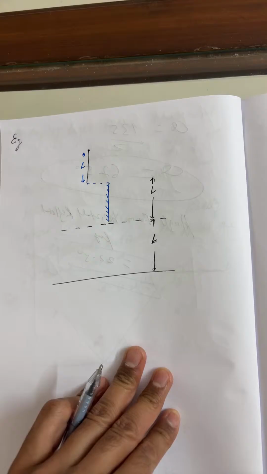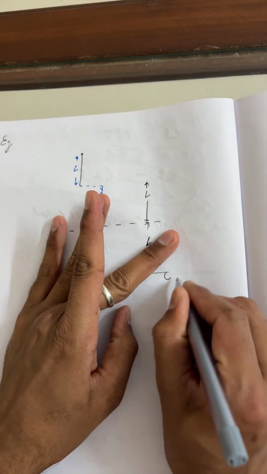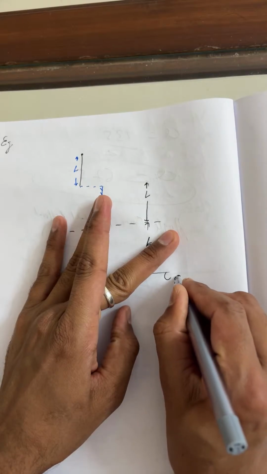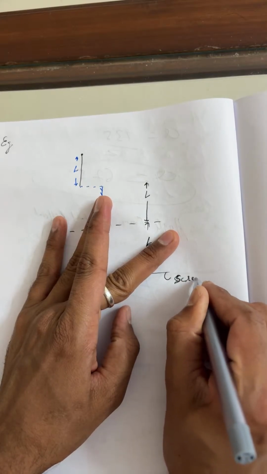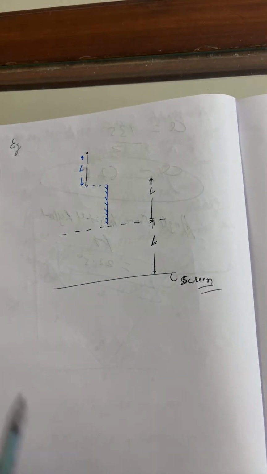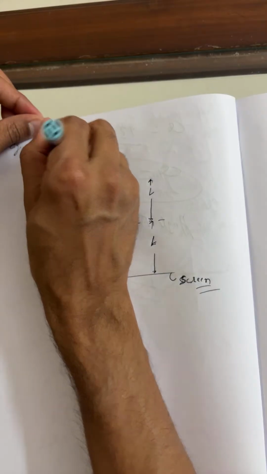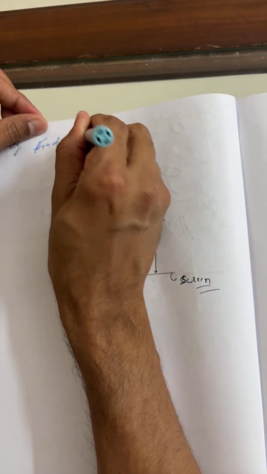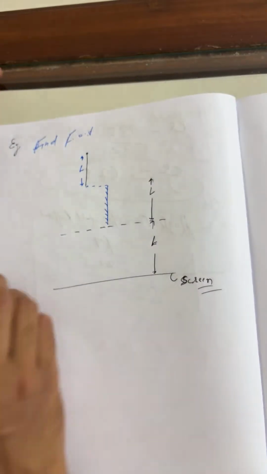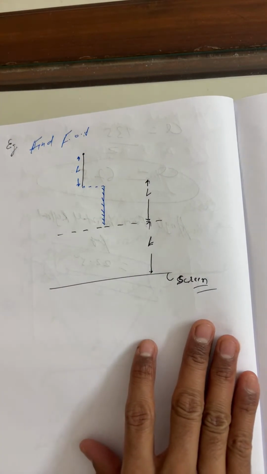Determine the length of the reflected part of the light on the screen. This is the screen, right? Find the field of view.